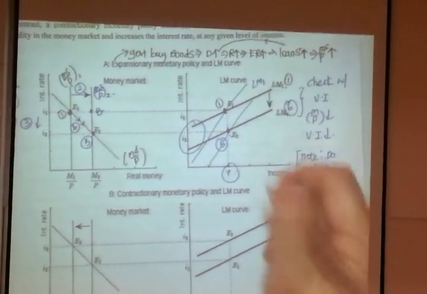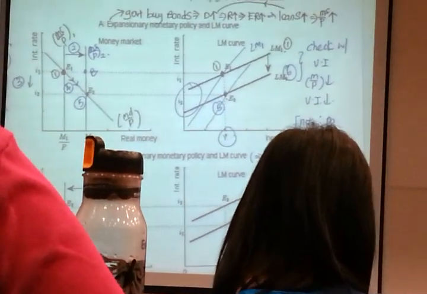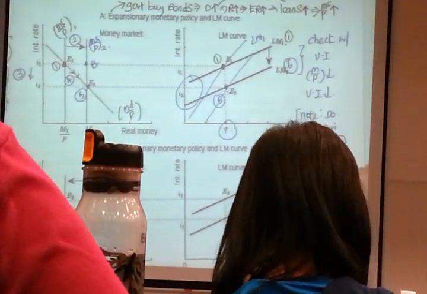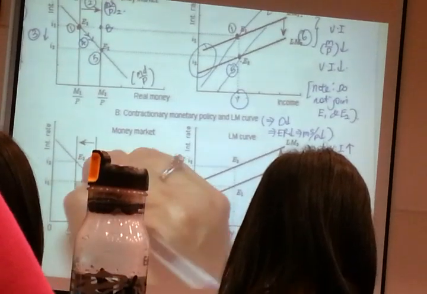Contractionary monetary policy, you should show your deposits will drop, your ER will drop, money supply will drop. And you will show vertical intercept of LM will go up. So remember, it's not E1 to E2, there's always a triangle.